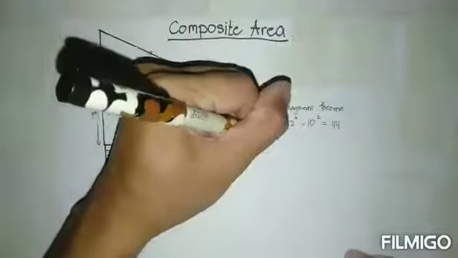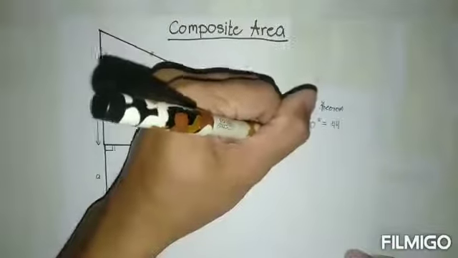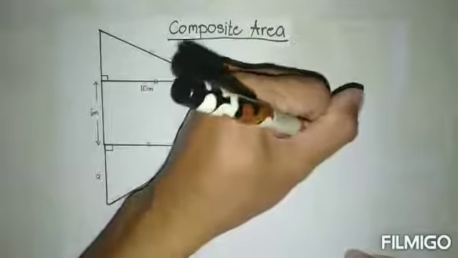Then we get the square root of 44, which is 6.6.